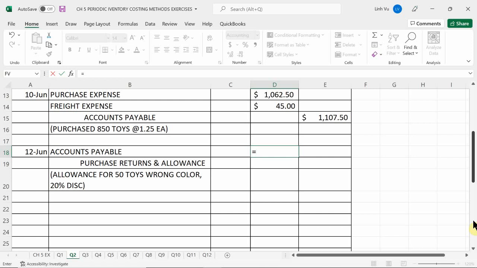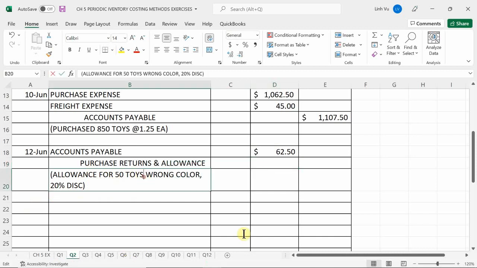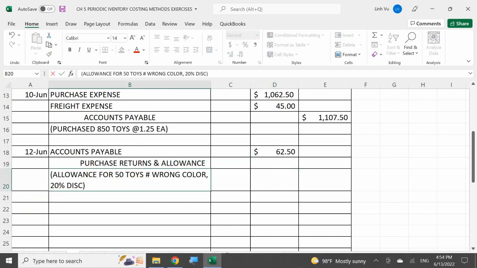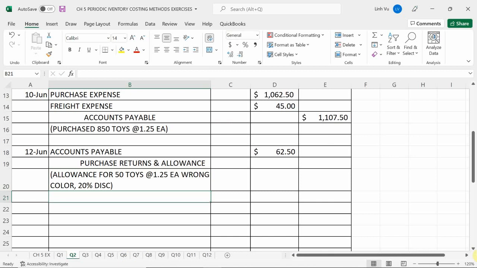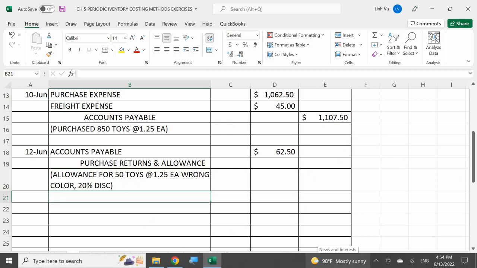So if I were to just return all 50 items, 50 toys at $1.25 each, okay, I didn't write that in there, they were the wrong color, and I got a 20% discount. So in this case, I would get $62.50 if I were to give a full refund on those 50 toys at $1.25.